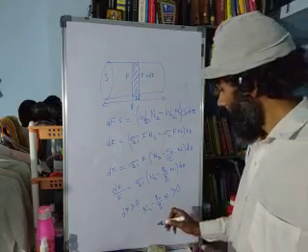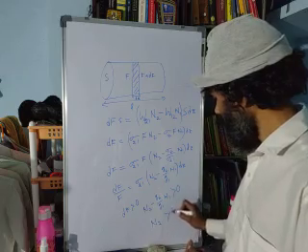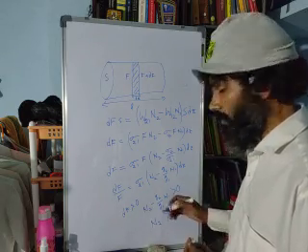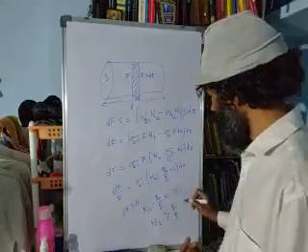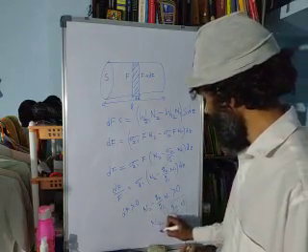So that means I should have my N2 greater than Z2 by Z1, which are the degeneracies of level number 2 and level number 1, times the number density of the lower level.